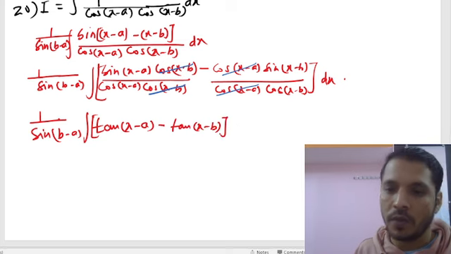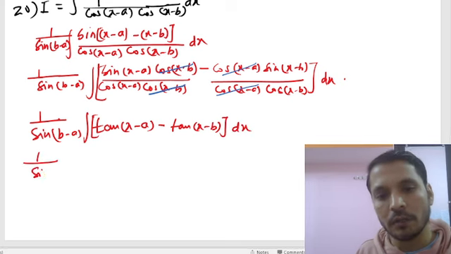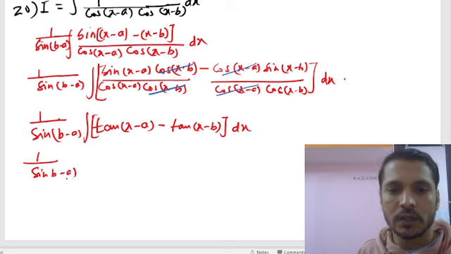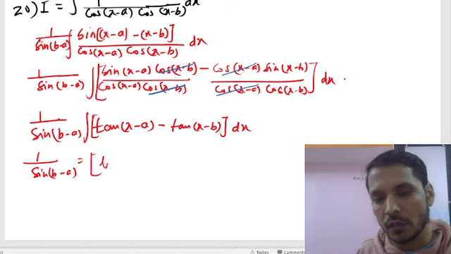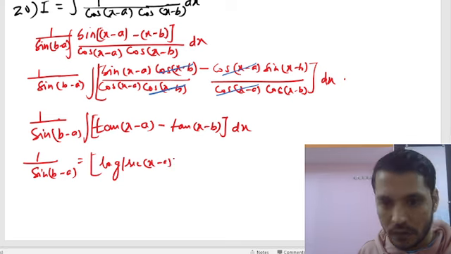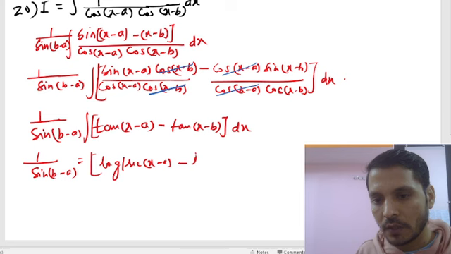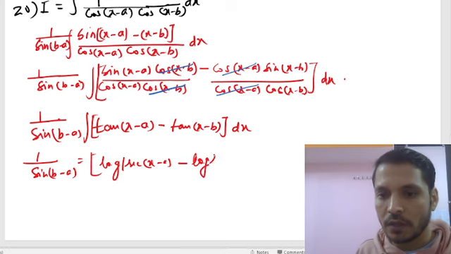Now we have only tan terms, so we can integrate easily. The integration of tan is log sec x minus a, minus log sec x minus b.